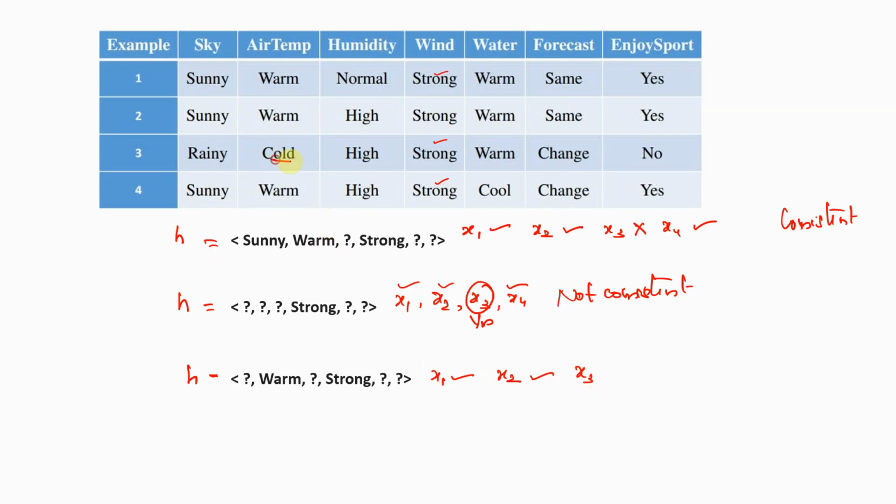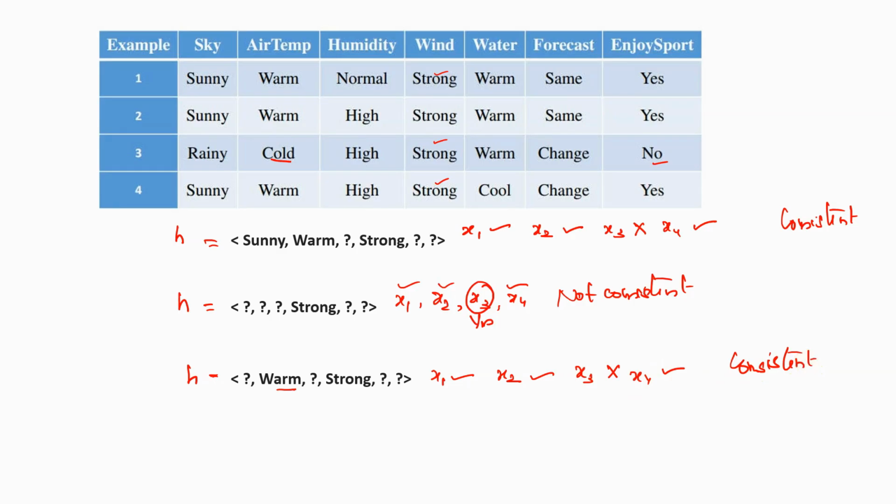Here we have cold and warm. So it gets rejected. My output is also rejected. And the last one, x4, we have matching with our input with the hypothesis, sunny, warm, high, strong. Everything gets matched. So now this hypothesis is also a consistent hypothesis.